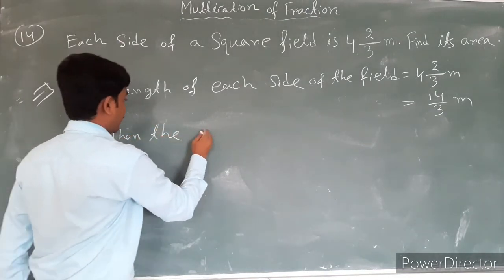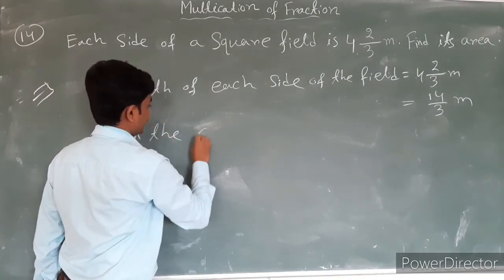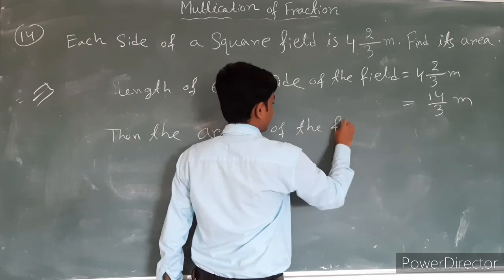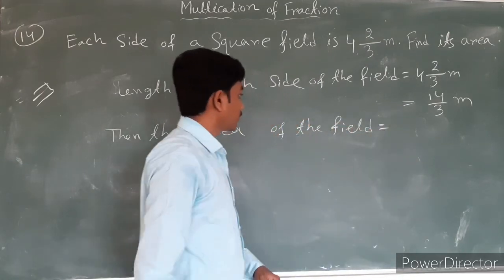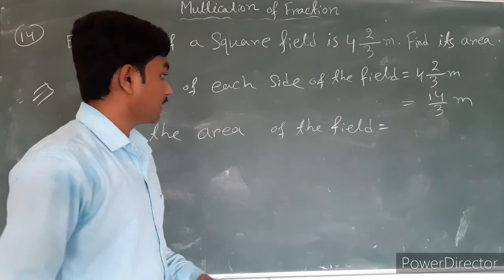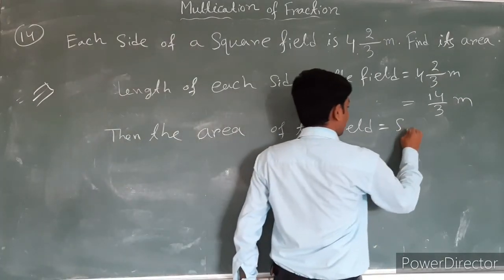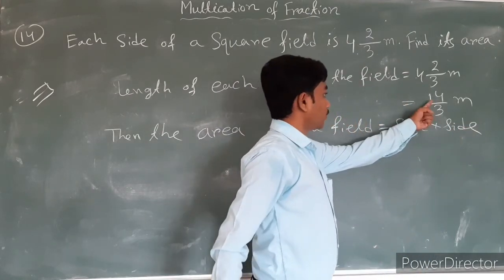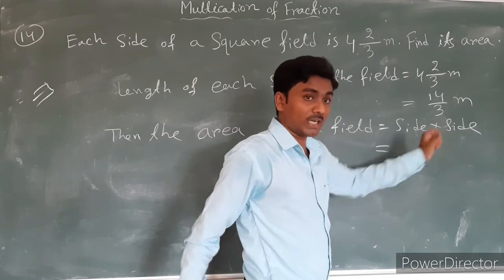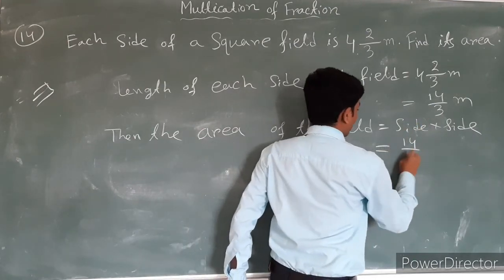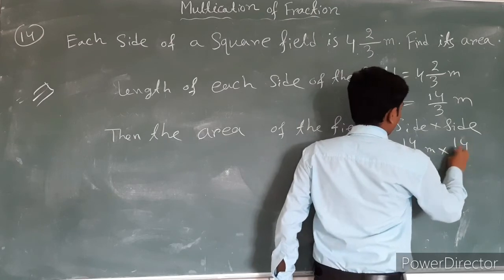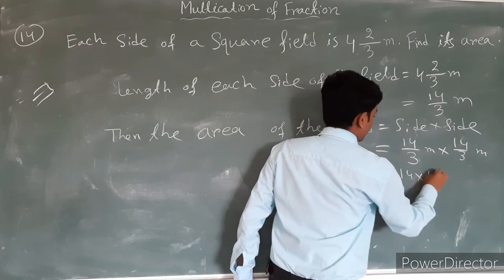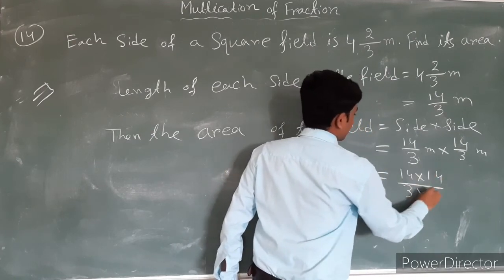Then the area of the field is equal to, we know that the area of a square is side into side, that is 14 upon 3 multiplied 2 times. Side is equal to 14 upon 3 meters into 14 upon 3 meters. So product of numerator upon product of denominator.